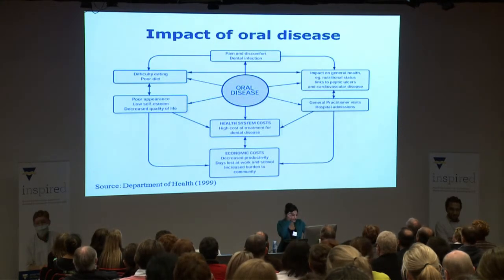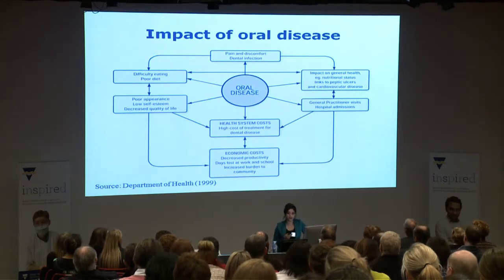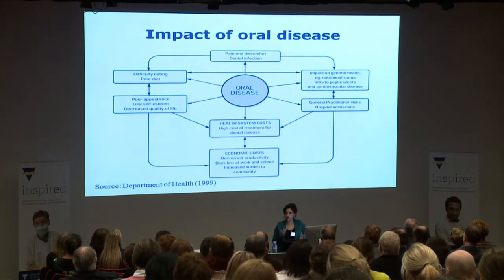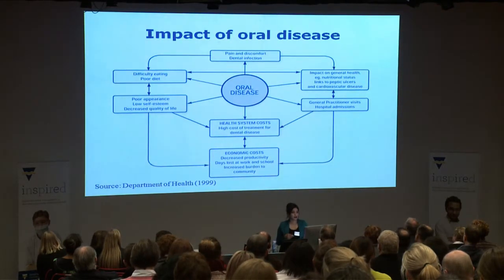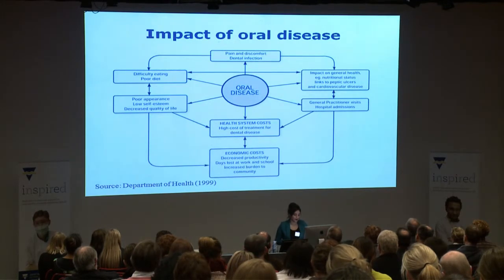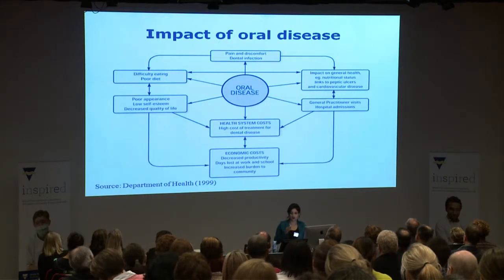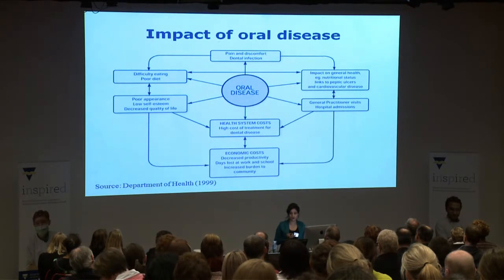So given the extent of the problem and also the cost associated to treat the problem, we all know that dental disease is emerging as a significant public problem. The figure here shows a wide-ranging impact of dental diseases on society, individuals, and the communities, and also the healthcare systems.